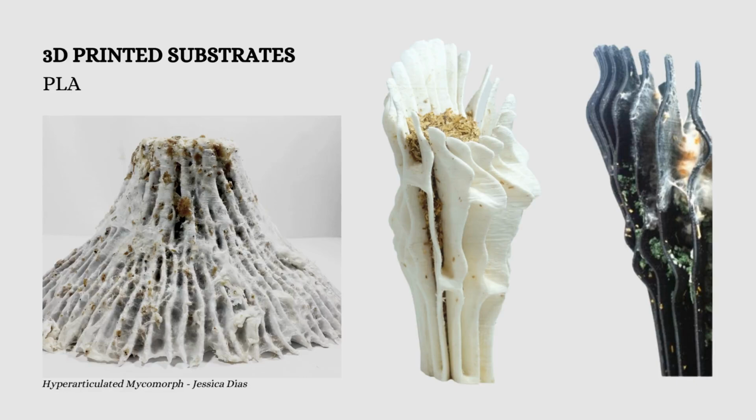Other ways to use 3D printed substrates are not by using cellulose-based substrates at all, but by using synthetic substrates and using mycelium as a hinge or binding agent between modular pieces.